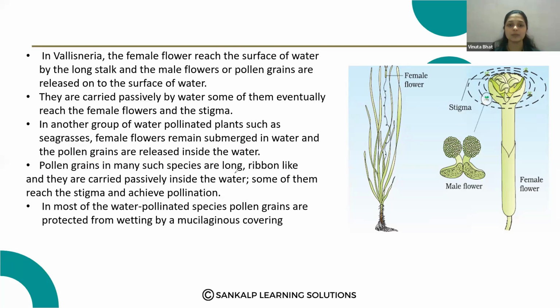They may be long ribbon like and are carried passively inside the water. Some of them reach the stigma of the flower and achieve the pollination. And in most of the water pollinated species, pollen grains are protected from wetting by a mucilaginous cover. Okay. So that is the main thing.